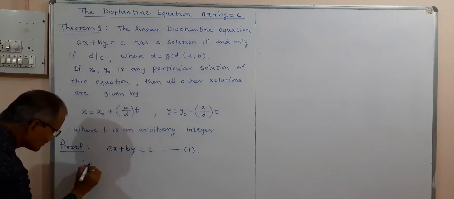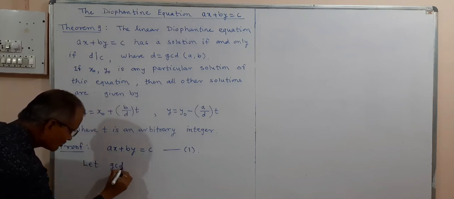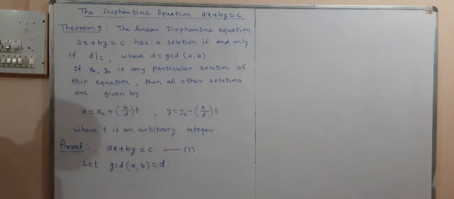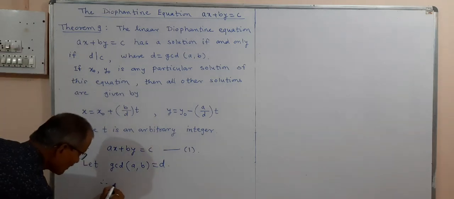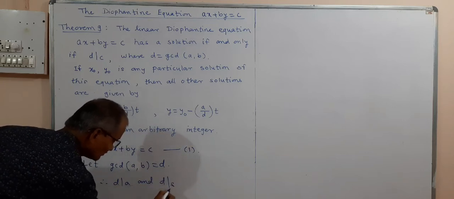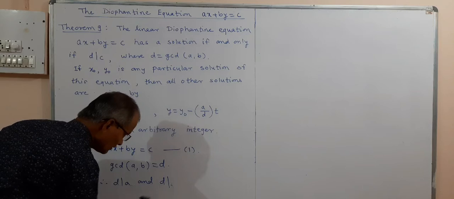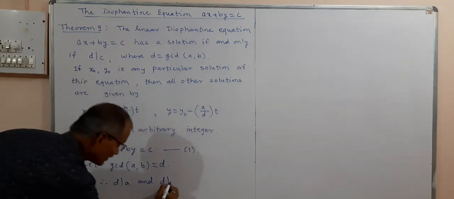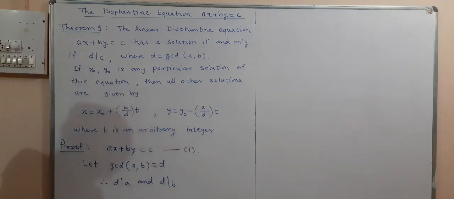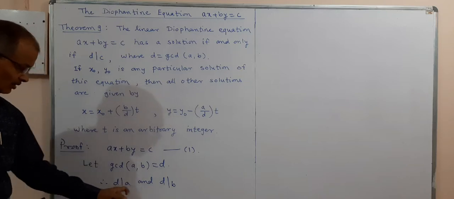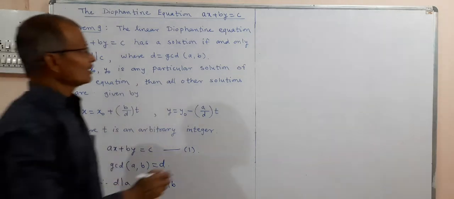Let the greatest common divisor of a and b be d, and therefore d divides a and d divides b. And by the earlier result, there exist relatively prime integers r and s, such that a is equal to d into r and b is equal to d into s.